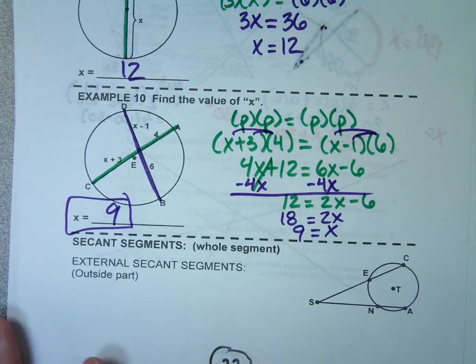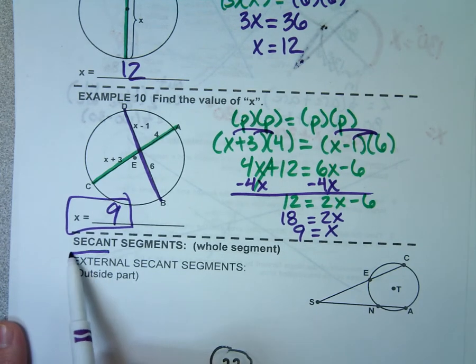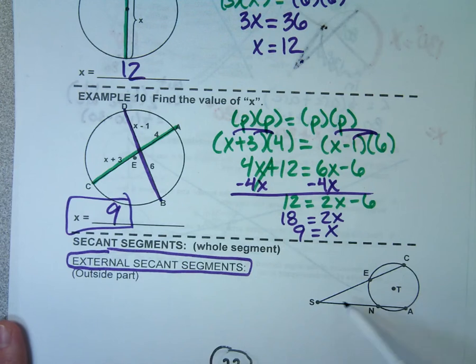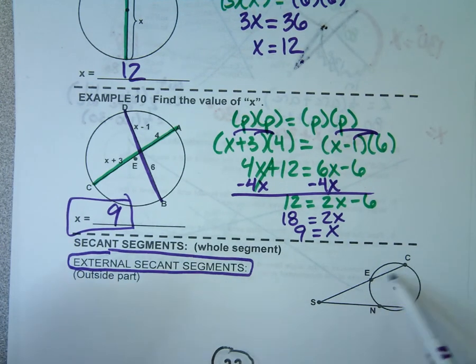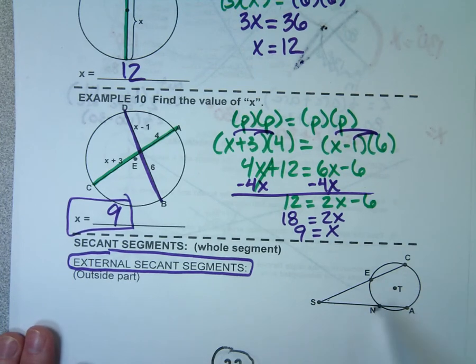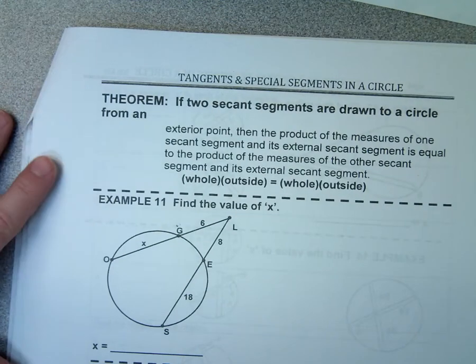This next one is about secant segments. Secant segments are a line or a segment that contains a chord. So this is a segment that contains chord EC. This is a segment that contains chord AN. So that's what secants are, and we have a special formula for this.